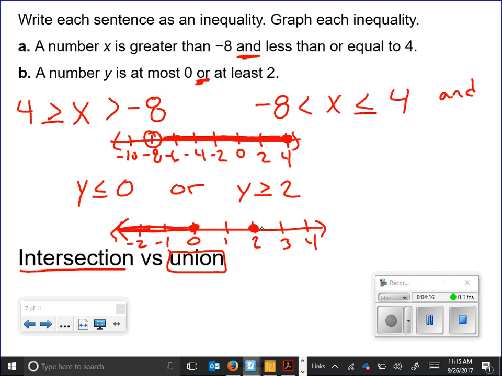So 2 could be a solution, and everything to the right is shaded. Notice there are some pieces missing in between, but everything this way and everything this way is shaded. Hopefully with the graphs you see the difference between an intersection, our "and" inequalities, and a union, our "or" inequalities.